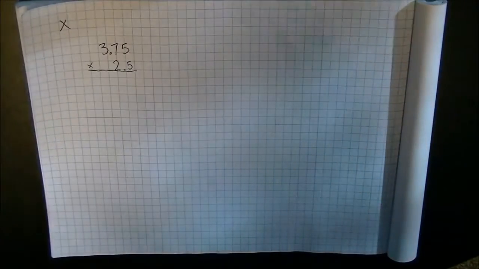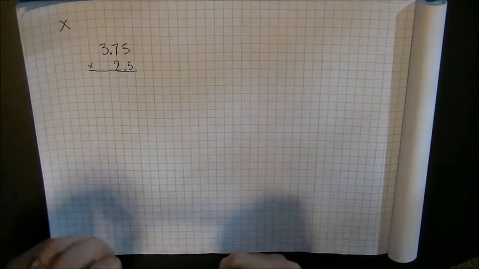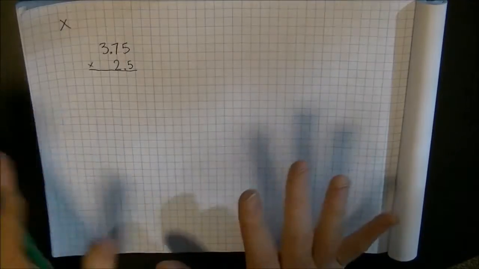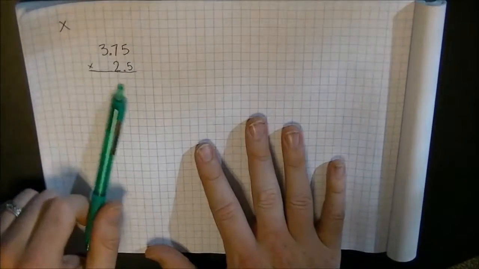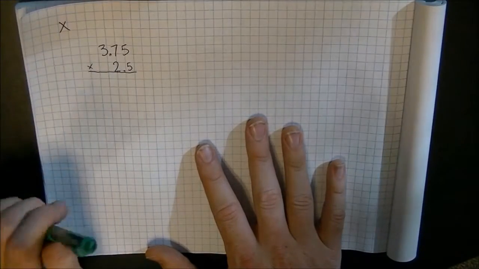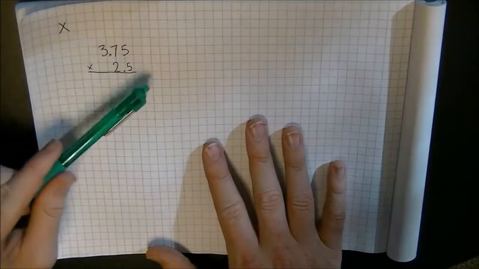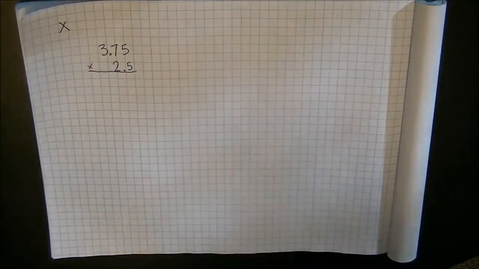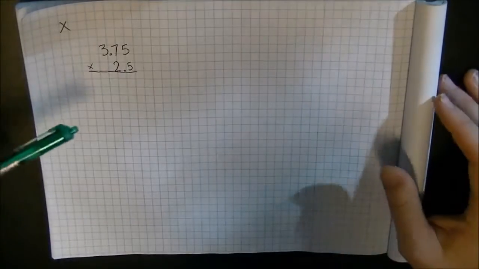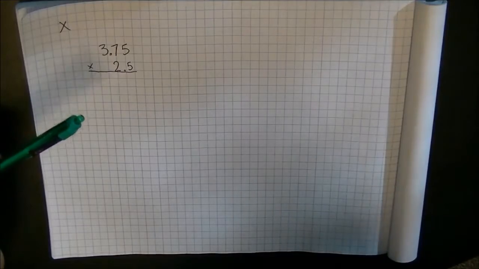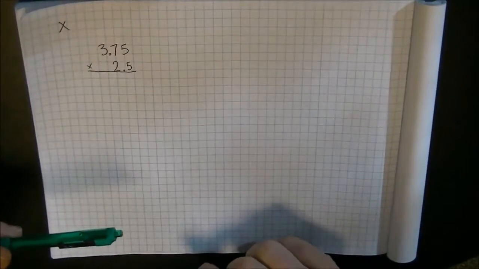Okay, now let's take a look at multiplication. With multiplication, something very different happens. We basically just disregard the decimal points entirely until the very end. So 3.75 times 2.5 is going to look exactly the same as 375 times 25 until the very last calculation.